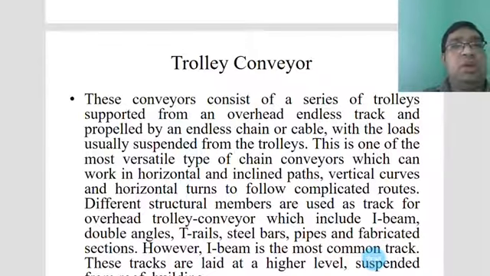This is your trolley, and this conveyor consists of a series of trolleys supported from an overhead endless track and propelled by an endless chain or cable, with the loads usually suspended from the trolley.